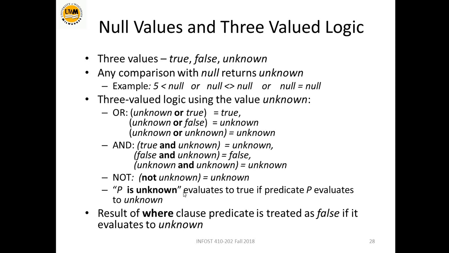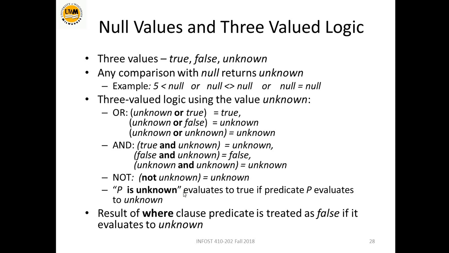Any comparison with null can have one of three values: true, false, or unknown. For example, if we have a comparison with null, then the result is always unknown. If we have an unknown ORed with true, the result is true.